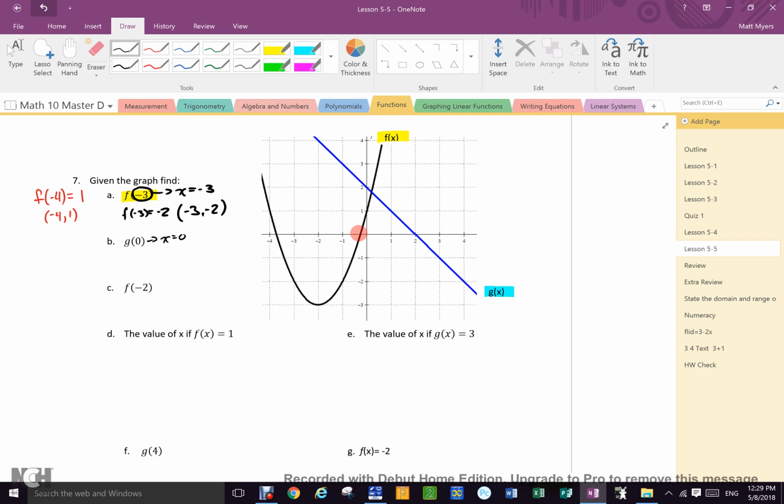I want the x equals 0 at the specific spot on the G line, which is where? Right there, correct? So the G of 0 equals 2. What is the ordered pair? 0, 2. Is everybody at least at a yellow light?